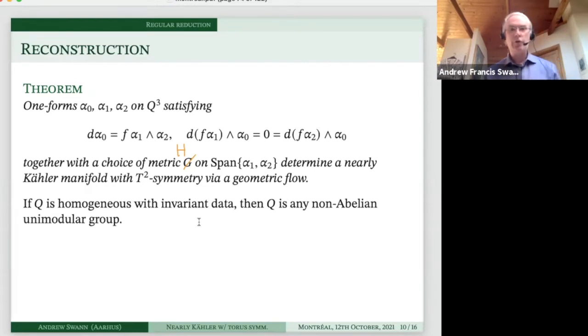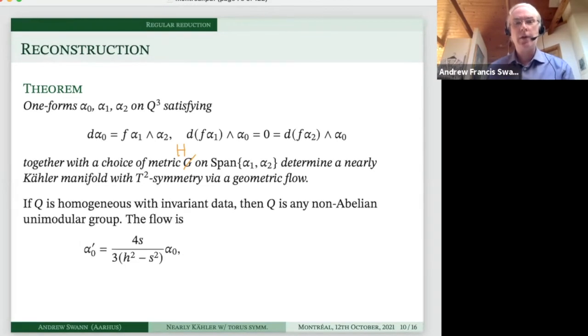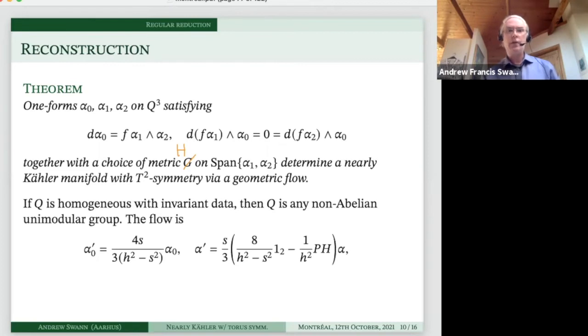So there's a nice short list of those, and the flow in this case is given quite simply for alpha 0. It scales with a function here. This H is going to be related to the F up here. Sorry, there's a relation: H squared is the determinant of this metric here, and S comes from F and H.